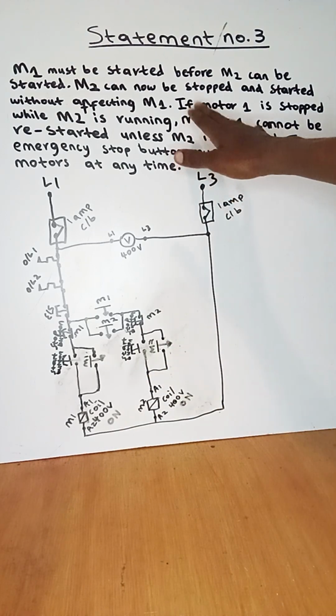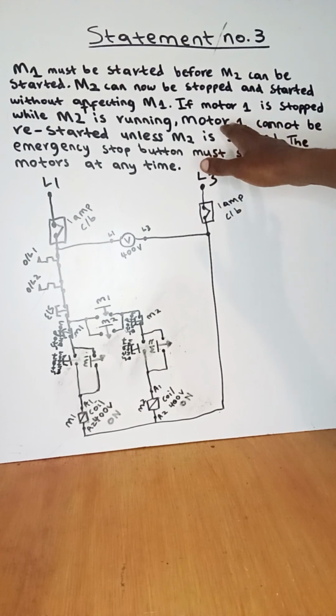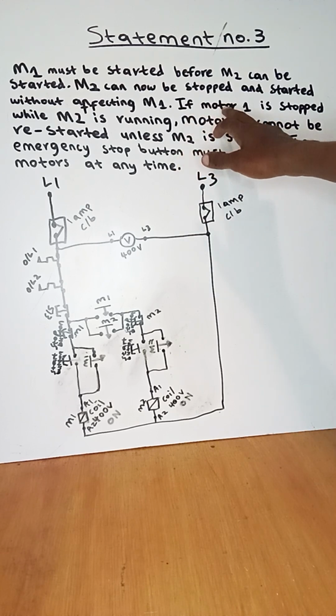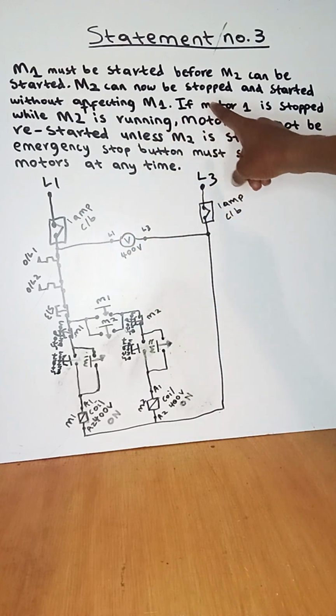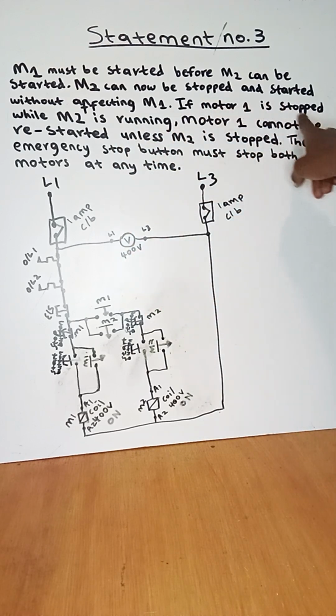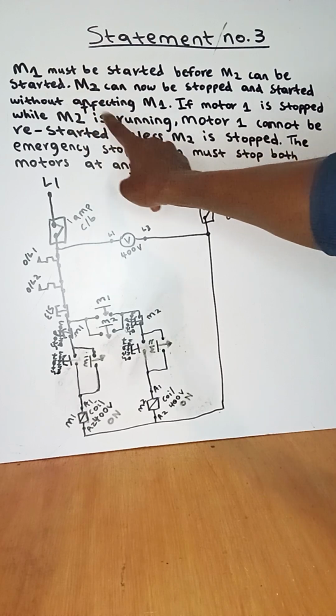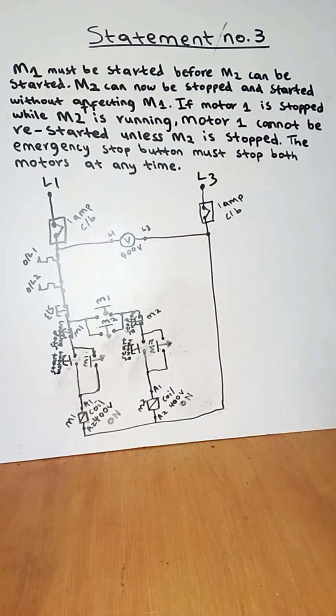Right, we'll continue from statement number 3 that says if motor 1 is stopped while motor 2 is running. So we will stop motor 1 and see if motor 2 will keep on being energized.